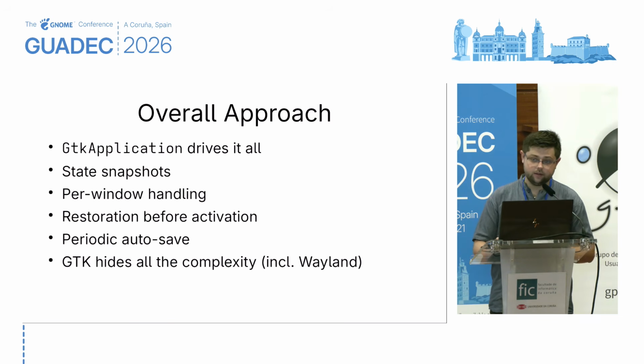was already running and the user was already doing something in it, maybe they have a couple windows open already, and they launch the app, and the app needs to decide what to do with that activation request anyway. So my thinking here is that restoration isn't really that different from an app that's been running for a while and the user's already done some things in there. So what GTK will do is when you launch the app, it will restore the app first.